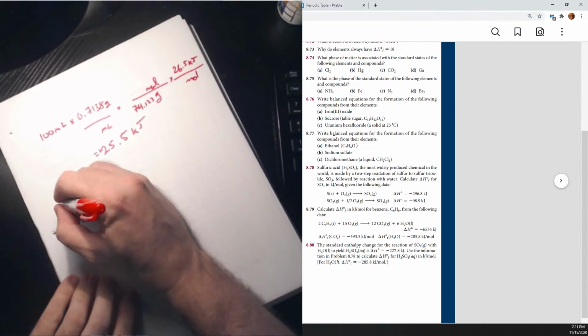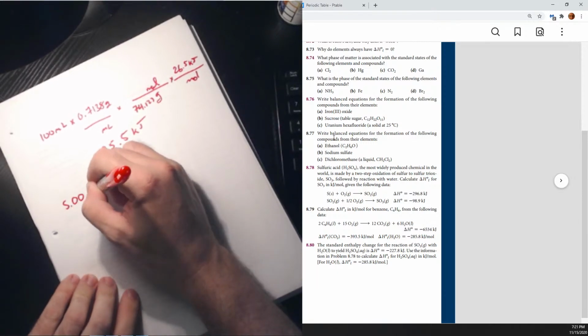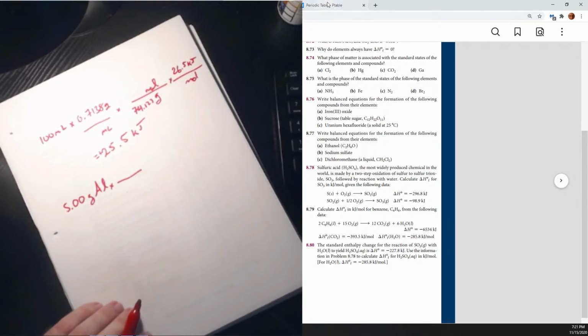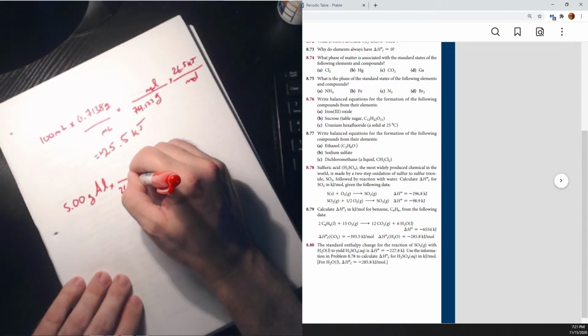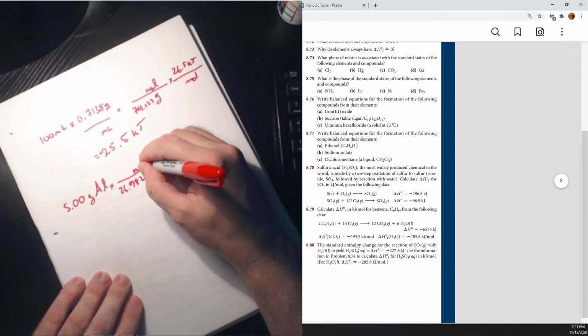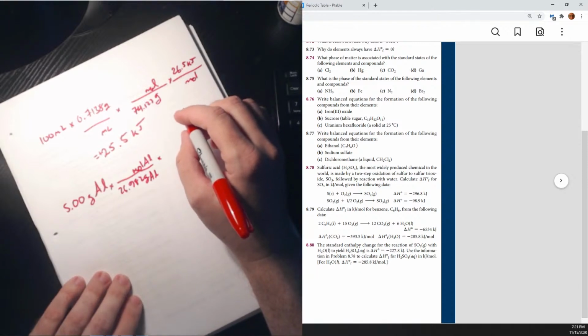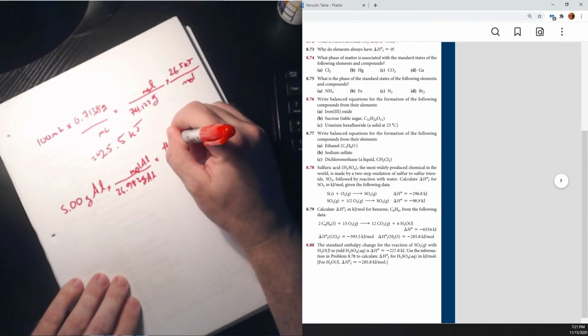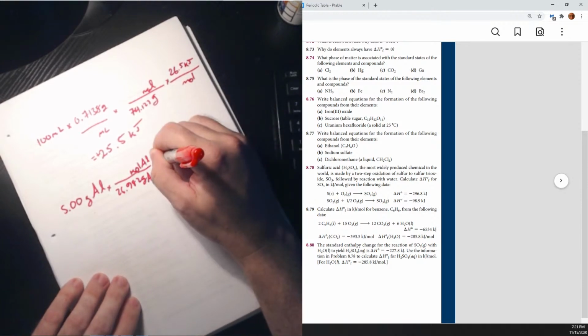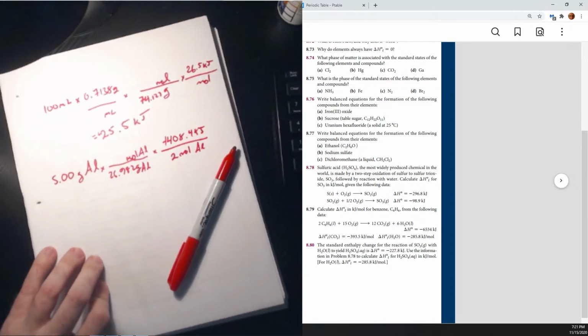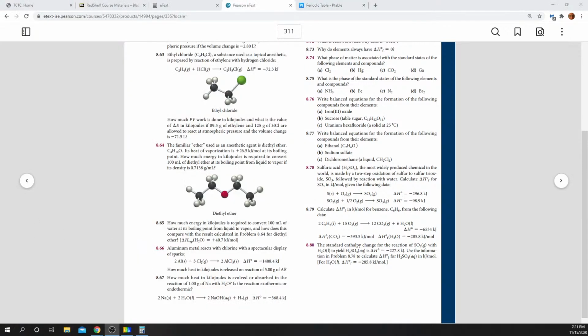We have 5.00 grams of aluminum, 26.982 grams per mole of aluminum, times negative 1,408.4 kilojoules per 2 moles of aluminum. Like I warned in class, the balanced reaction gives you the number of moles that go on bottom.